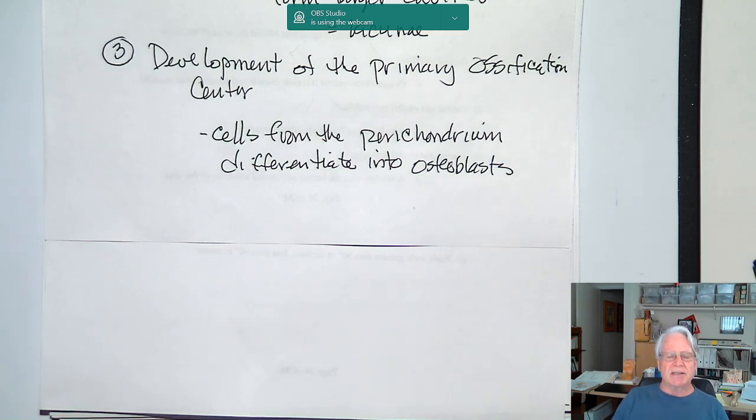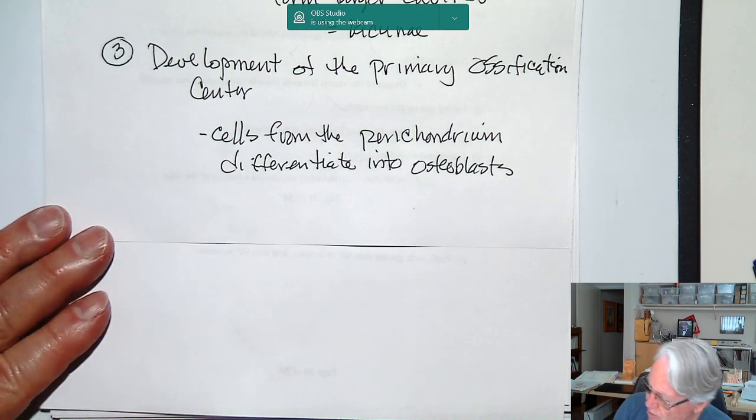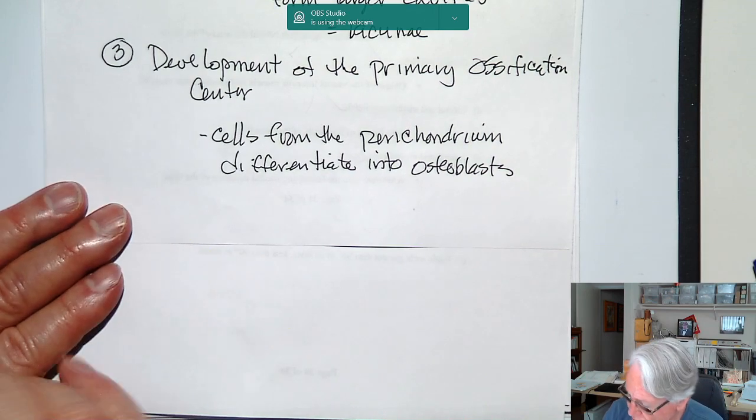So once again, that layer around the model is going to be a source of cells that are going to change the nature of that model. And in this case, we're going to now have osteoblasts. And once again, this is the result of chemical cues that are being released in a step-by-step process to change the developmental pathway of certain cells. Okay? So cells from the perichondrium differentiate into osteoblasts.